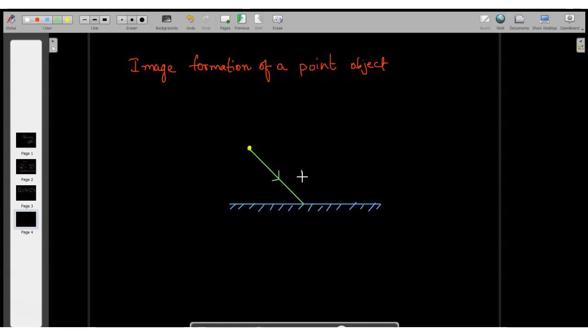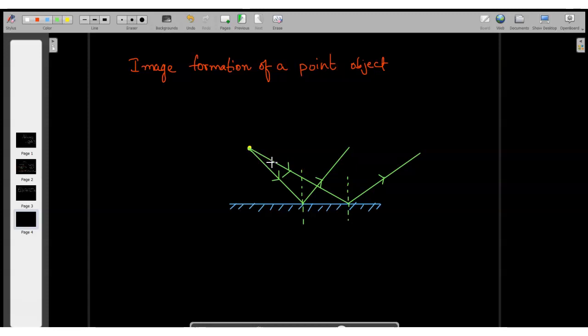We will draw a normal like this, and the ray is reflected like this. All right, now I'll take another ray, suppose like this. Again, we'll draw a normal. And again, this ray will be reflected back like this. Make sure that the angle of incidence is equal to the angle of reflection.